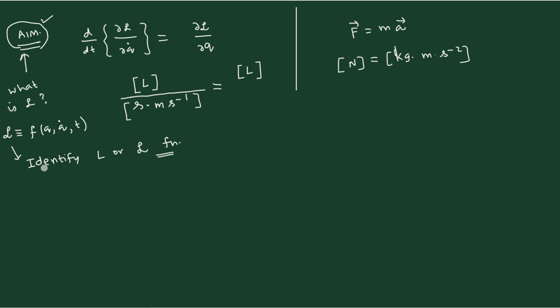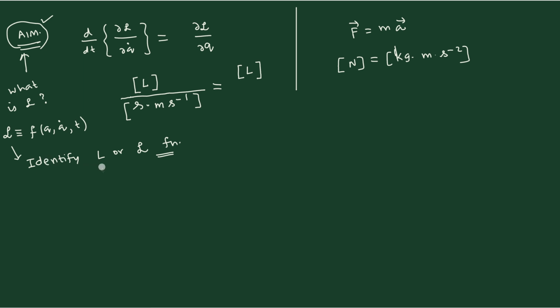What all we know is only a mathematical function. We can always write down infinitely many different mathematical functions of q, q dot and t. And if you write down the physical dimension for all those infinite combinations, each one will have a different dimension.